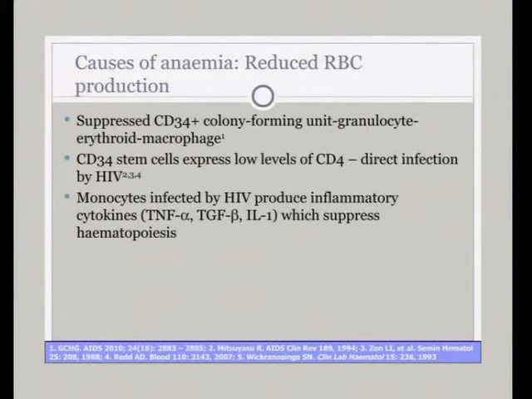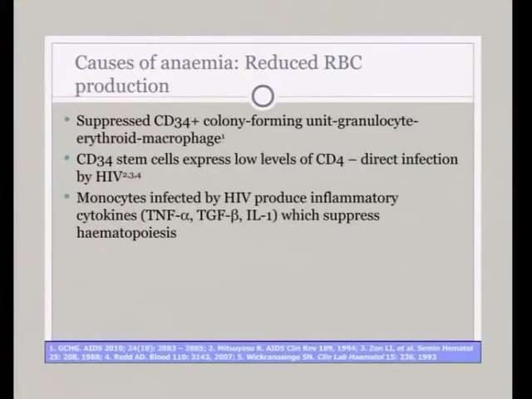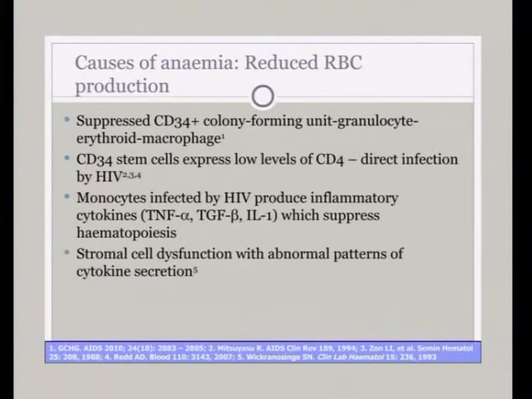I think what is also very important is that the cytokines are abnormal. Now, I told you that these stromal cells produce all these cytokines and growth stimulation all the time so normal hematopoiesis can happen. But now this system is dysregulated with abnormal patterns of cytokine secretion.